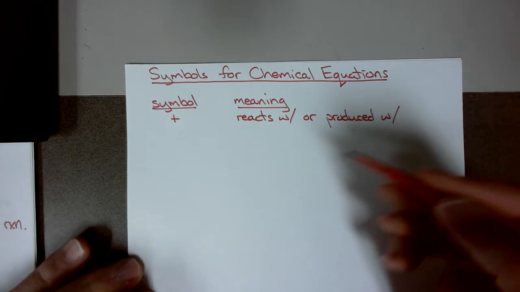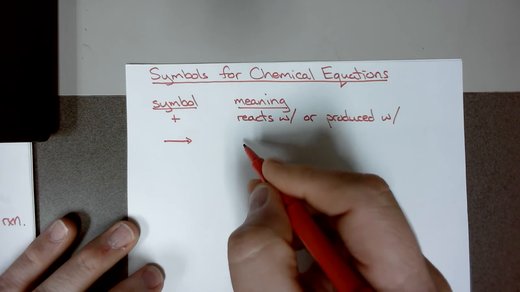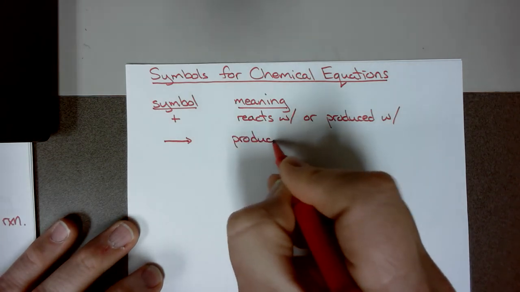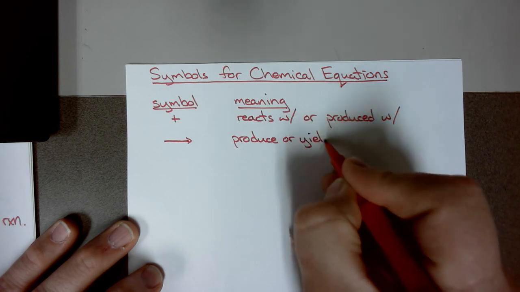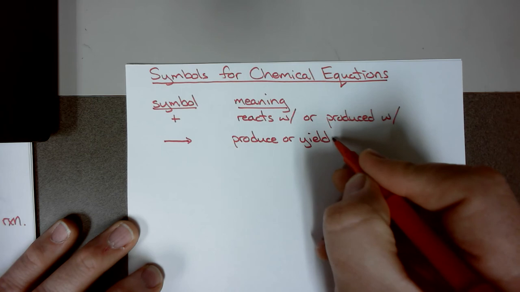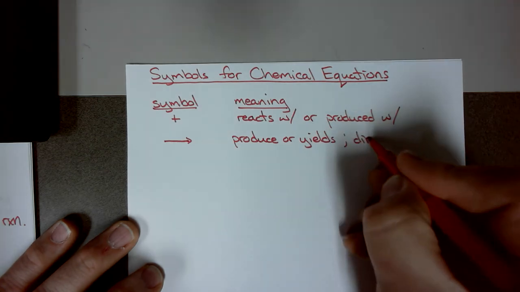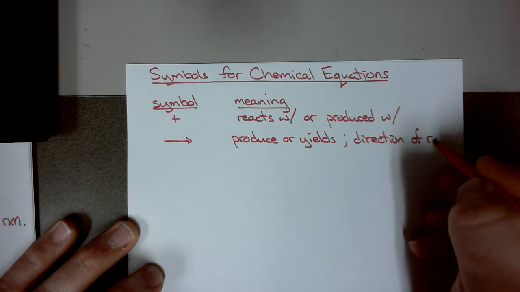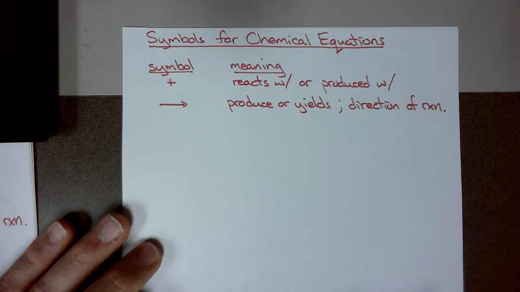The next symbol we'll say is the arrow, and that means produces, makes, yields, words like that. And then it must be in the direction of the reaction. And RXN is short for reaction, instead of writing reaction out all the way.